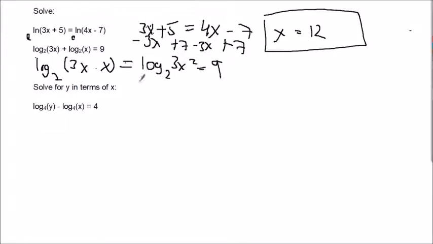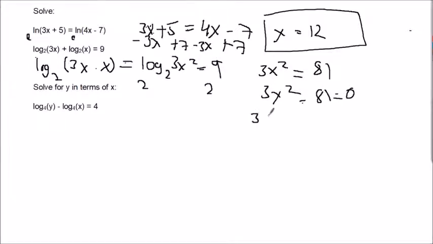So we can just put both sides to the power of 2, we get 3x squared is equal to 81. Subtract 81 on both sides.